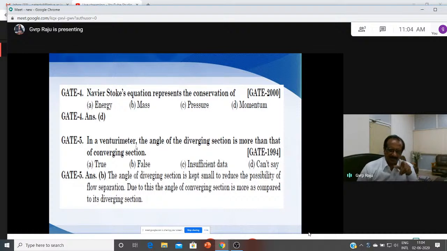So the convergent cone included angle is always more than the divergent cone included angle. So the statement that the angle of the divergent cone is more is not correct. It is a false statement. The angle of the divergent cone is kept small to reduce the possibility of flow separation. Due to this, the angle of the converging section is more as compared to its diverging section.